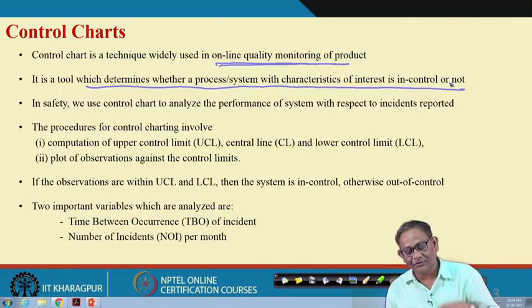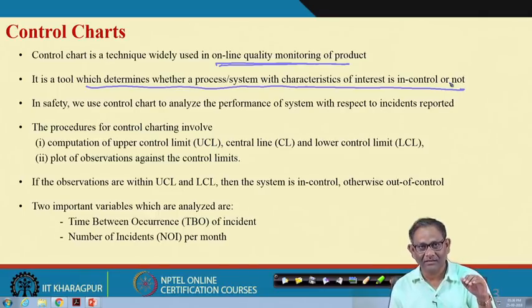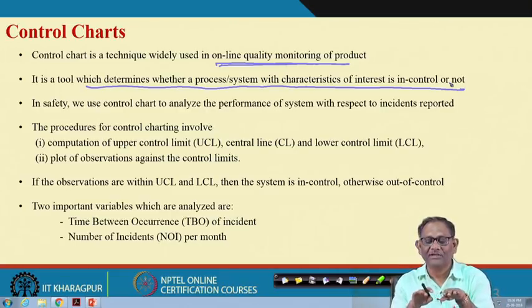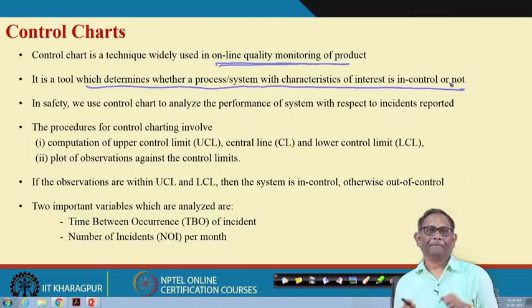For example, your department is performing at a certain level, depending on the design, the procedure, the process involved, and the people involved. So its inherent safety is at a certain level.